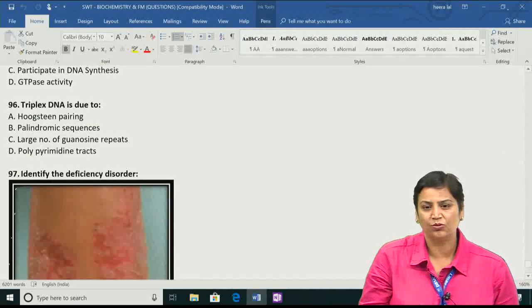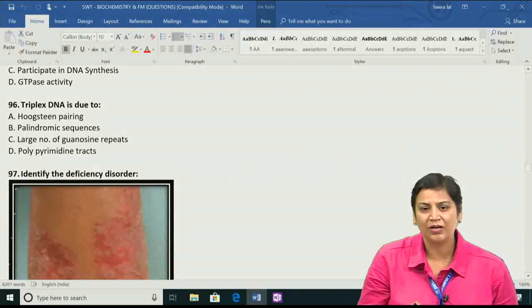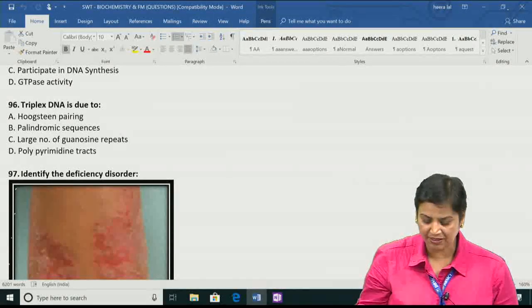Triple DNA is due to. Now triple DNA, this is simple Hoogsteen pairing. Basically this is a non-canonical structure of DNA.